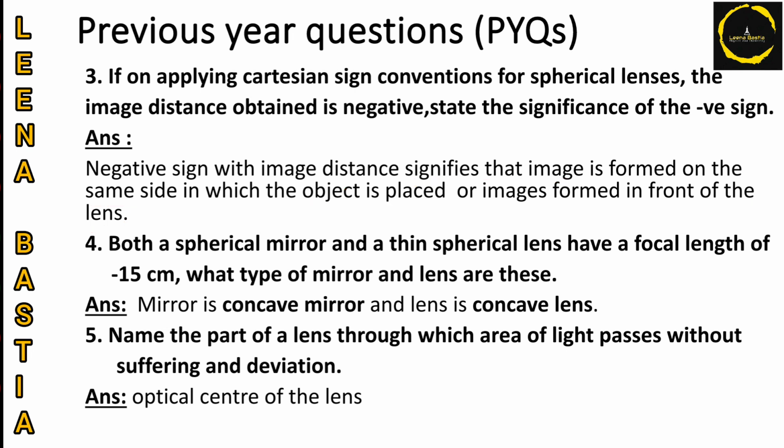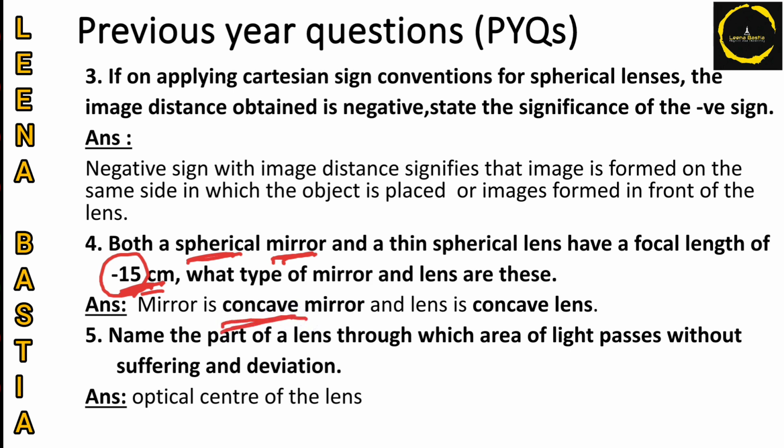Both a spherical mirror and a thin spherical lens have a focal length of minus 15 centimeter. You have to be very clear about this; since it is mentioned spherical, the question is asking about the type of mirror and lens. I have been telling you that if the focal length is minus, then the mirror is concave.